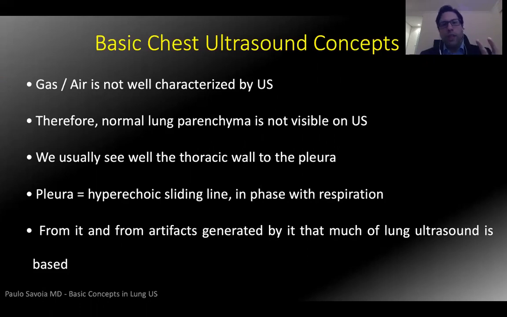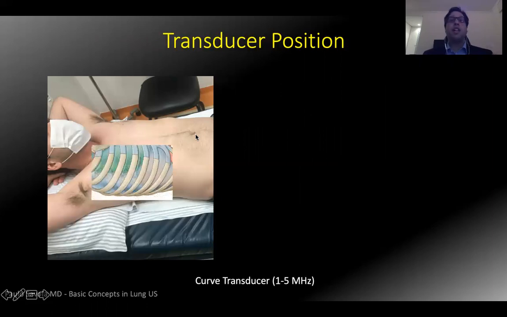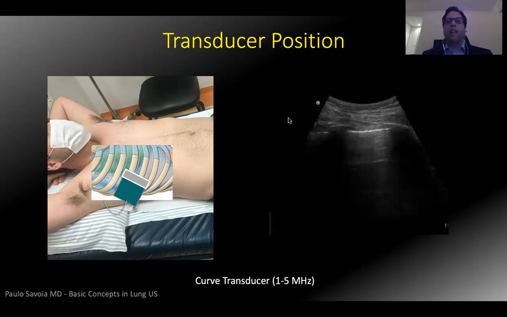So let's start with some practical things here. If we have our patient laid down like this, we can imagine his ribs. If you place your transducer in this position, perpendicular to the patient's ribs, you will have an image like this.